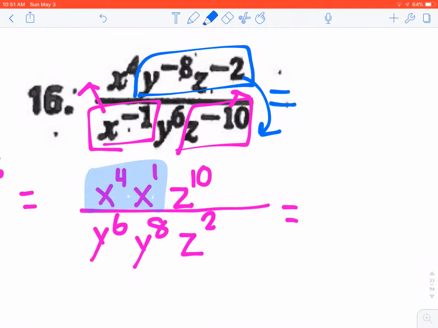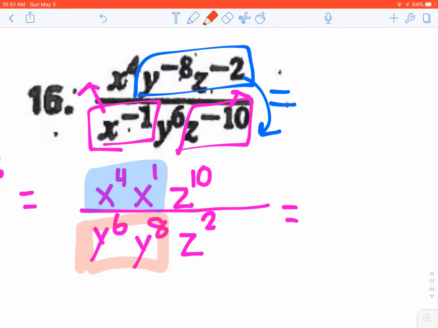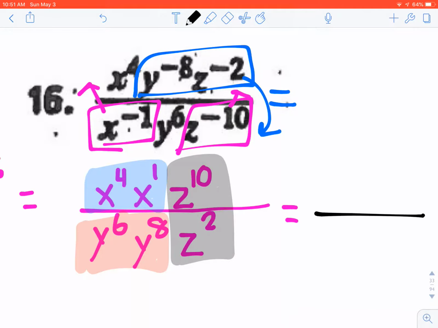Anything that has the same base, we can clean up and reduce. So we have 2 x's, we have 2 y's, and we have 2 z's. So when you go to combine these, remember the x's, when you multiply the same base, you're adding exponents. That becomes x to the 5th.